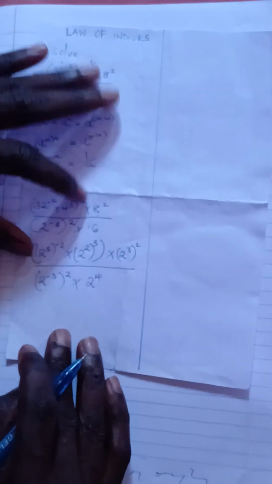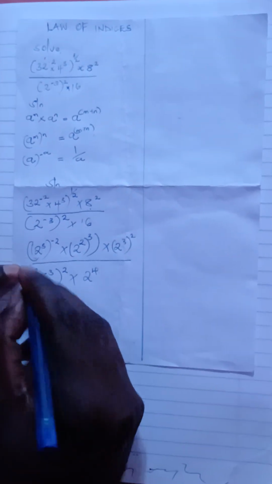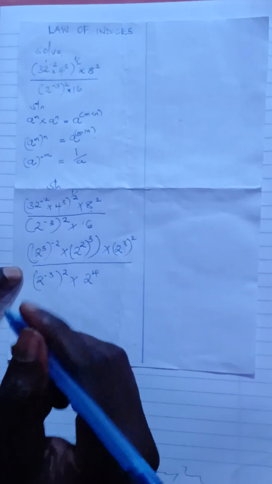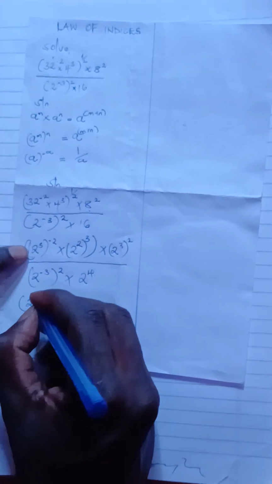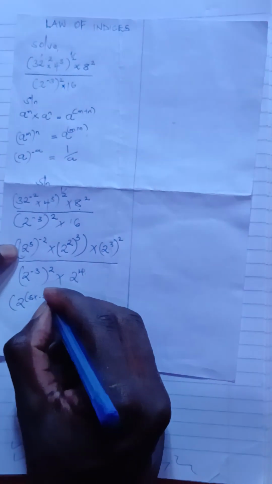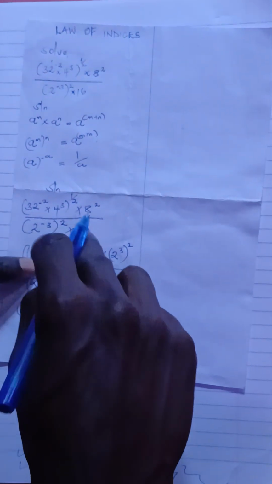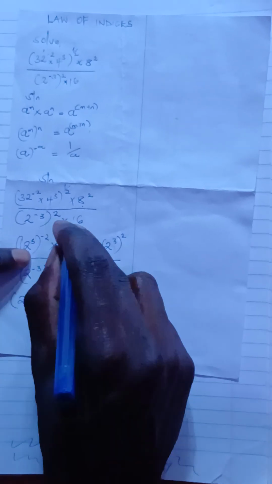So since we are having the same base, we can work this one out using the law of indices. Let's check out first one. If we are having a power raised to another power, we multiply the power. So inside the bracket we'll have 2 raised to 5 times negative 2, then 2 raised to 2 times 3, of course we multiply the powers.